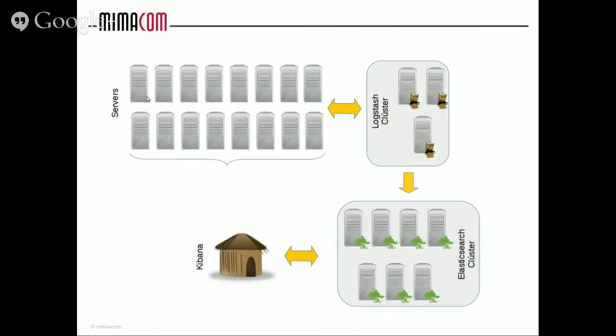We can have something in the servers that sends the information to Logstash, or we can have Logstash reading the information from the servers. Here is where Lumberjack is a very good protocol that has been implemented to encrypt all the information that travels from one server to another, and it's very useful. And then we have Elasticsearch and Kibana and so on.